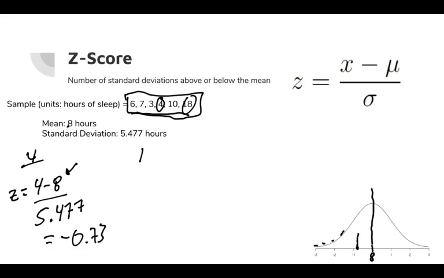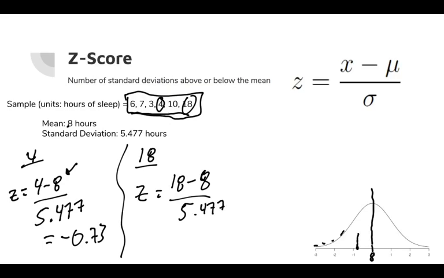Okay, well, let's look at 18 and see what 18 comes out to be. For the z-score for 18, I'm going to take 18 minus 8, and notice that's going to give me a positive number this time, divided by 5.477, gives me a z-score of 1.82 when you run that through your calculator. Okay, so that puts us out here at almost 2.